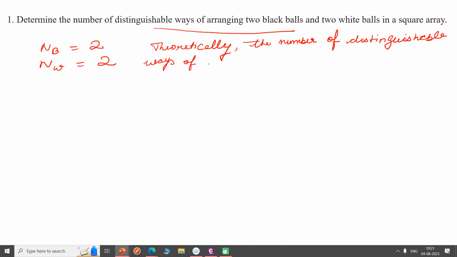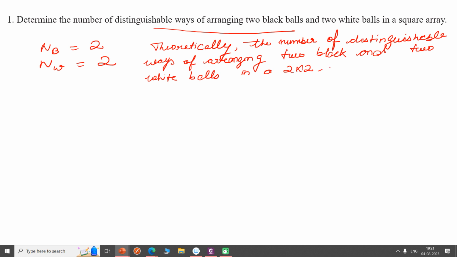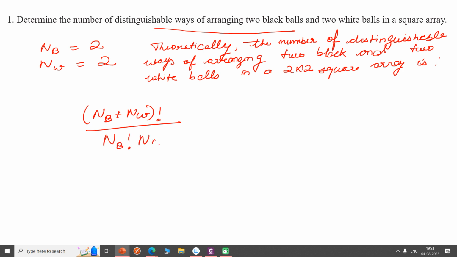So the ways of arranging two black and two white balls in, let's say, a 2x2 square is (MB plus MW) factorial divided by MB factorial and MW factorial, right?